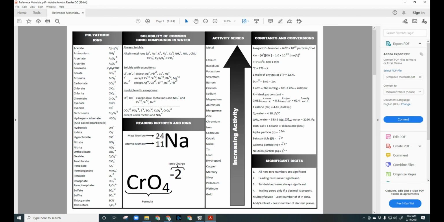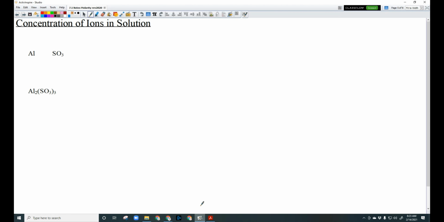Okay, sulfite, just like nitrate and nitrite. And there's also a phosphate and a phosphite, but phosphite's not listed here. Okay, phosphite would be PO3. Same charge though. All right, so this is aluminum sulfite. All right, so we have 1 mole of aluminum sulfite, but what makes up aluminum sulfite?